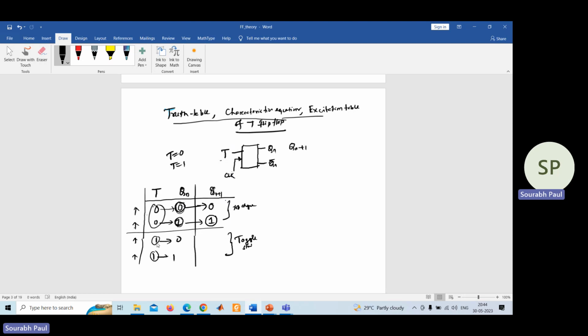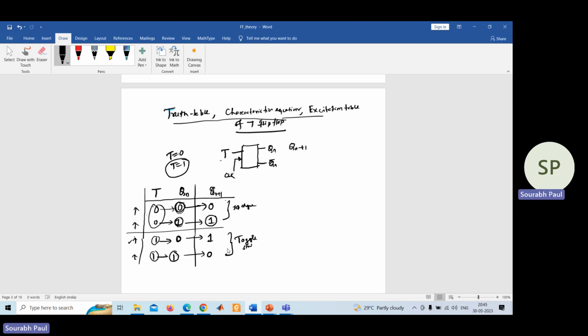In the T flip-flop, if you apply t equal to 1, whatever present output you are having, after applying the clock, you will get the inverted version of the output. So what does it mean? If your present output is 0, you will get the output of 1 after applying the clock. If you have the present output of 1, after applying the clock, you will have the output of 0. And this is known as toggle state.